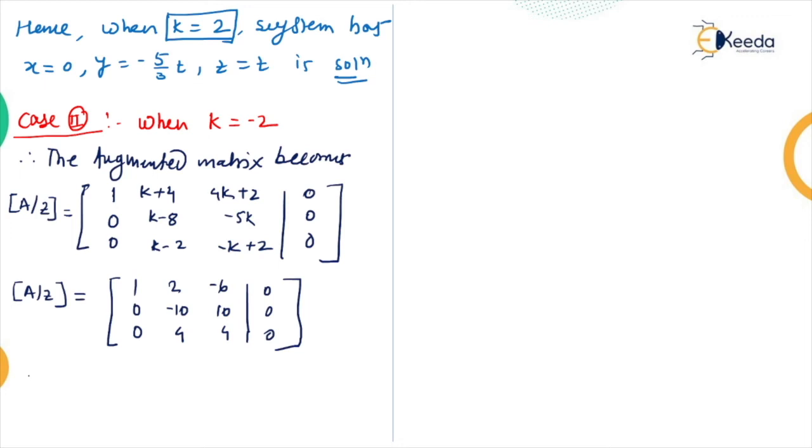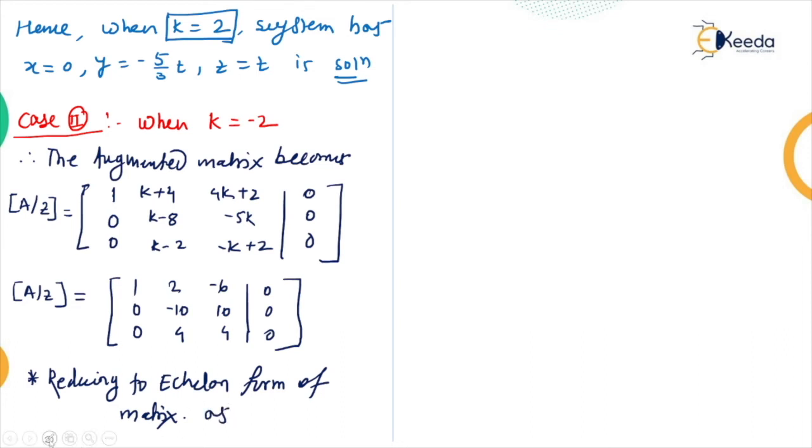Now your next target is reducing it to echelon form of a matrix by row transformation. We have to perform some row transformations, and then it will be in echelon form.